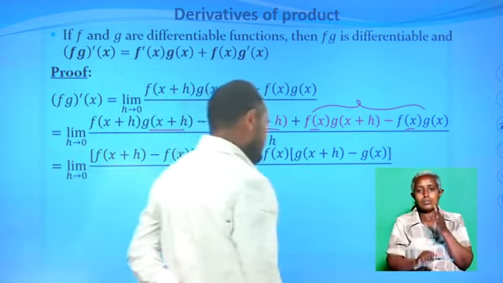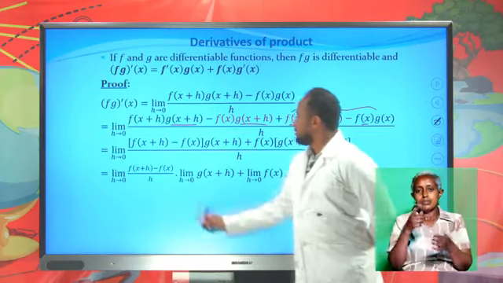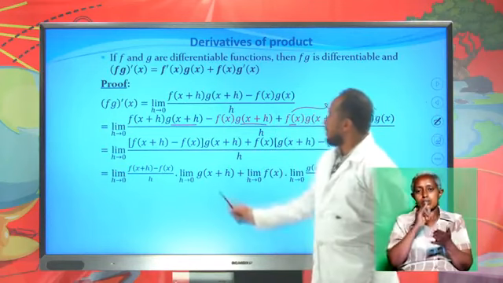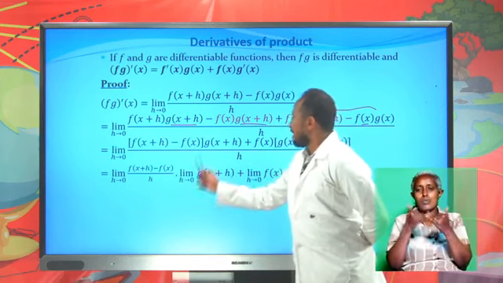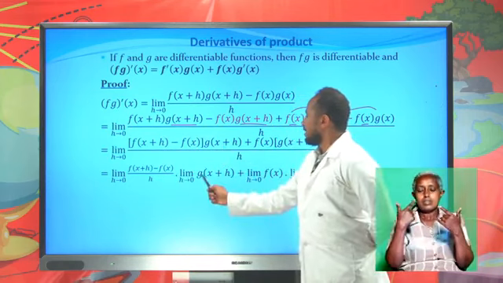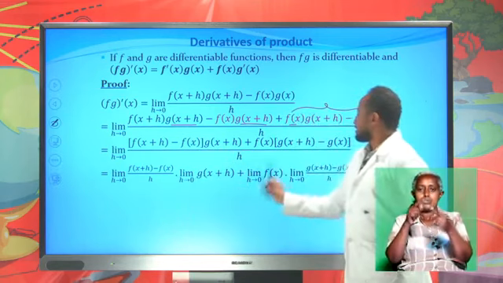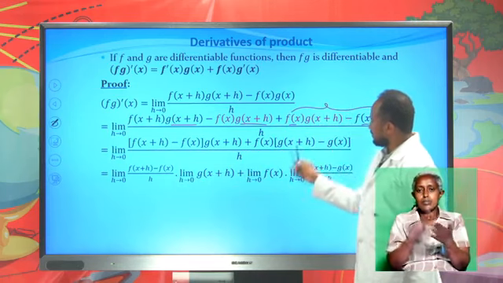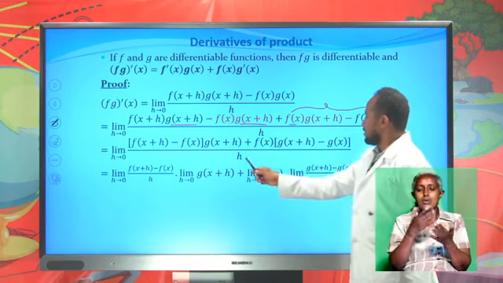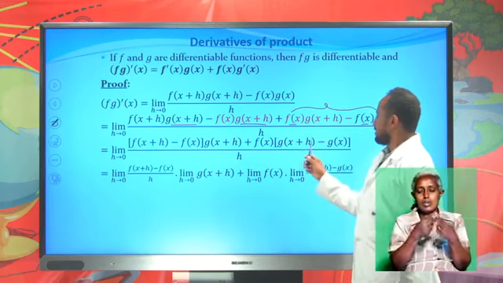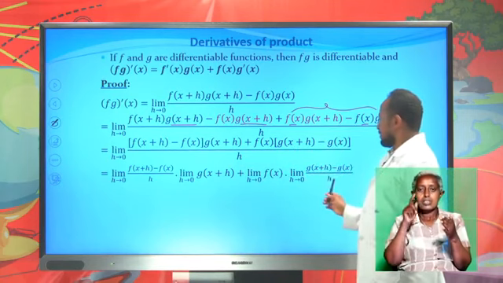So from this, you'll have the limit of f of x plus h minus f of x over h, times the limit of g of x plus h, where h goes to 0, plus the limit of f of x, where h goes to 0, times the limit of g of x plus h minus g of x over h, where h goes to 0.